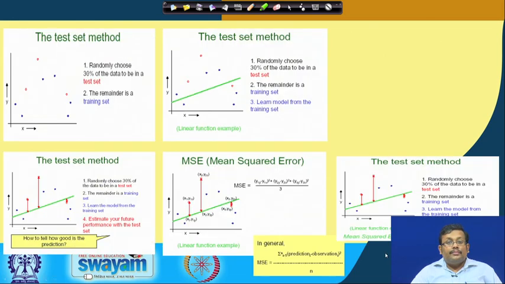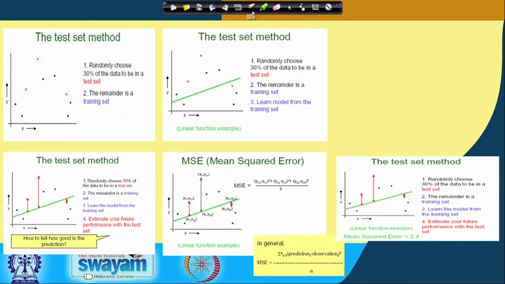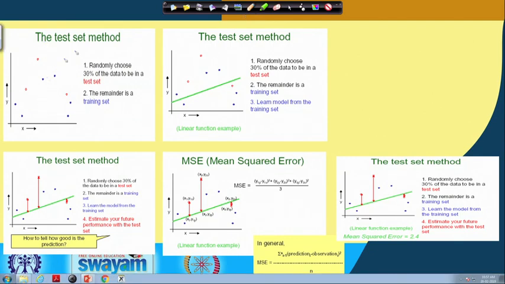So, let us see this step by step. This is the test set method. First, we randomly choose 30% of the data to be in the test set and the remainder is in the training set. As you can see, these blue dots are the training set and these red dots are the test set.